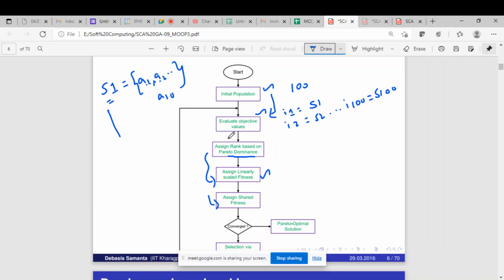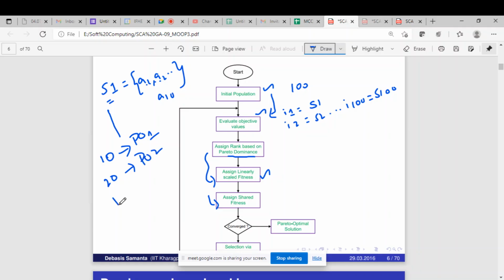Now assigning rank based on Pareto dominance means, even though there are 100 individuals, these 100 individuals may fall under different Pareto optimal sets. Say for example 10 individuals out of this 100 may fall under one Pareto optimal set. So we can call it Pareto optimal set 1. Another 20 individuals may fall in some other Pareto optimal set.